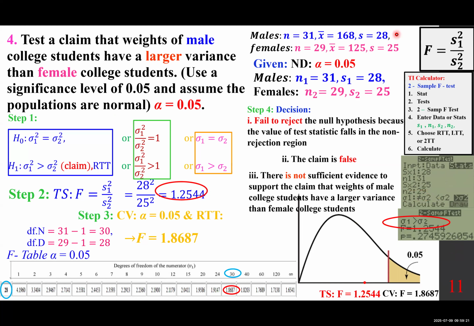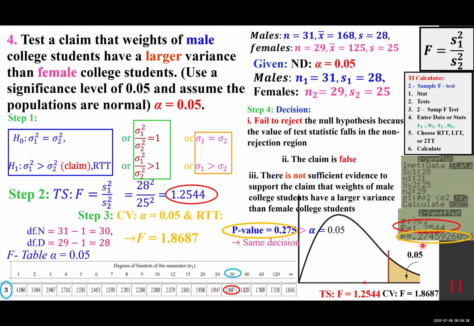It has calculated the test statistic for us, and it has calculated the p-value of 0.2745, which means, in this case, class, we are looking at the area to the right of the test statistic. The p-value of 0.275 is way larger than alpha of 0.05, so we get the same decision, which means fail to reject the null hypothesis.